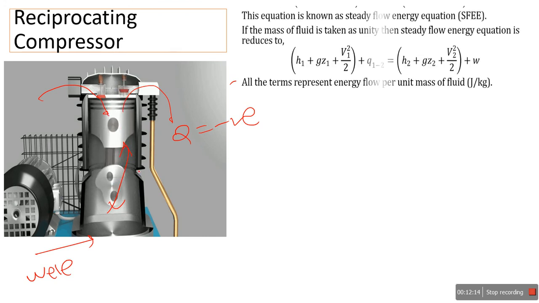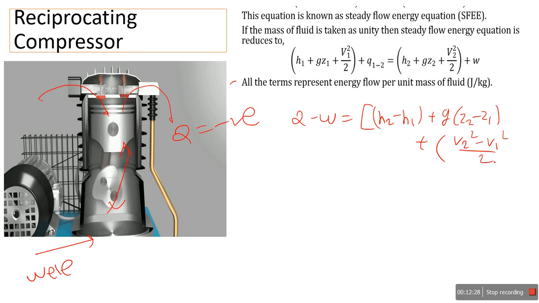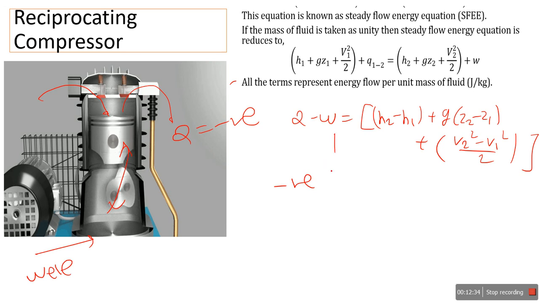So first write down the steady flow equation. Again I write Q minus W for unit mass, the drop in enthalpy plus the change in potential energy plus the change in kinetic energy. In case of the compressor, Q is negative, W is also negative.